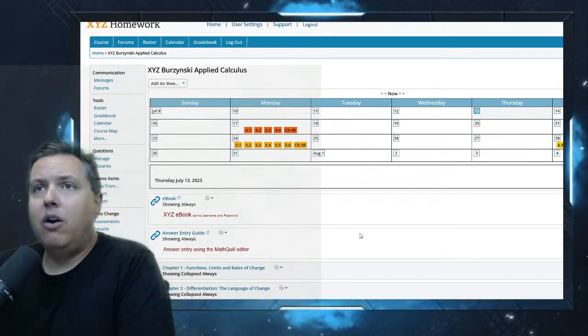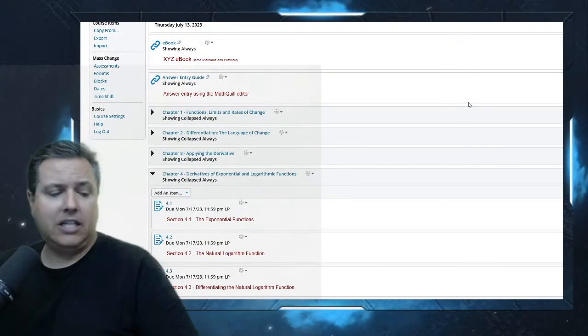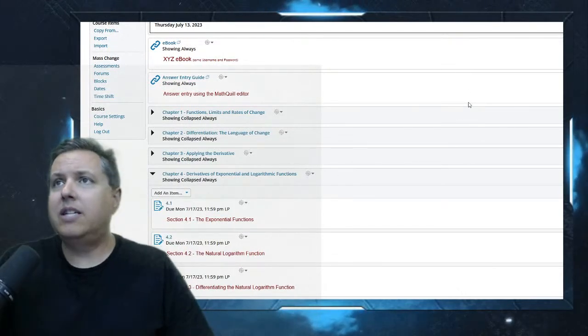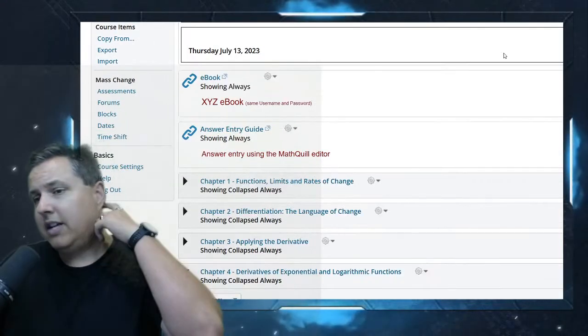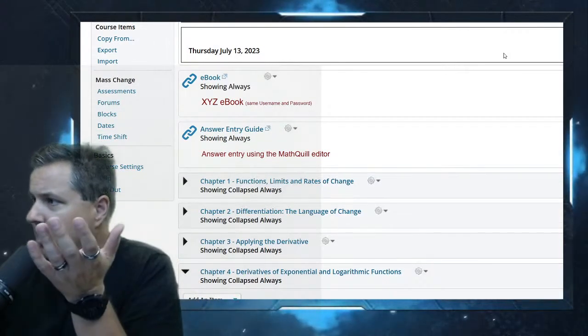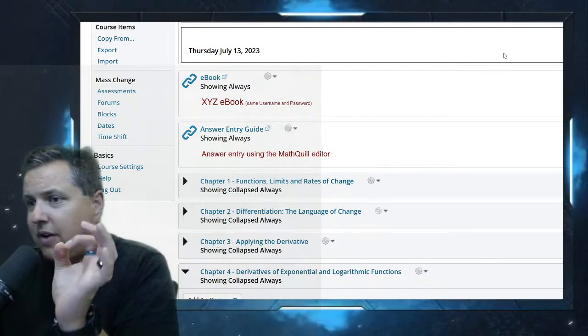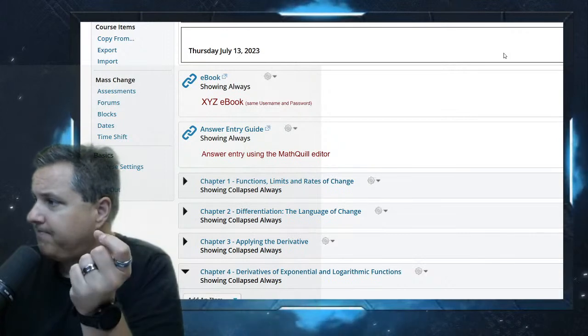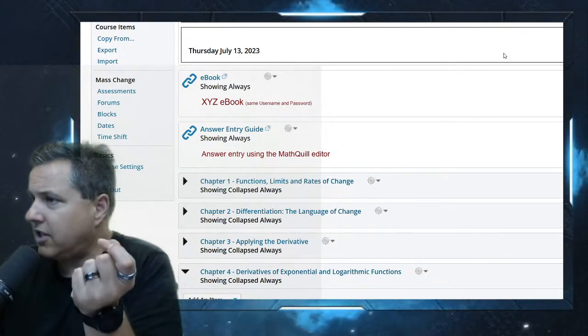So we are talking about logarithms and exponentials, and specifically taking derivatives of those things. So taking the derivative, it's the same problems that you've been doing throughout the semester. We've used the derivative to find rates of change. We've used derivatives to find equations of tangent lines.